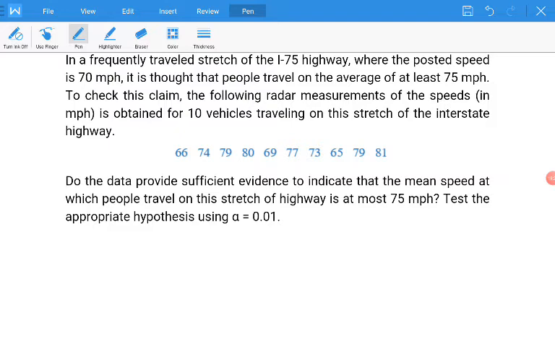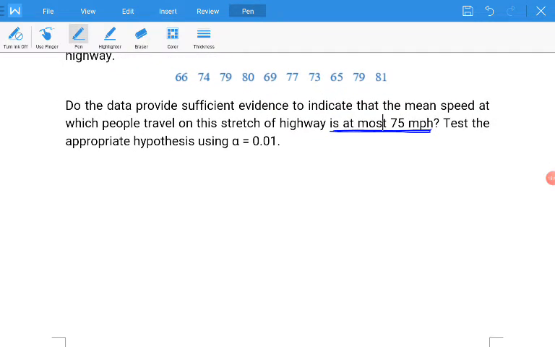Do the data provide sufficient evidence to indicate that the mean speed at which people travel on this stretch is at most 75 miles per hour? So under H naught, our mu is equals to 75 miles per hour.